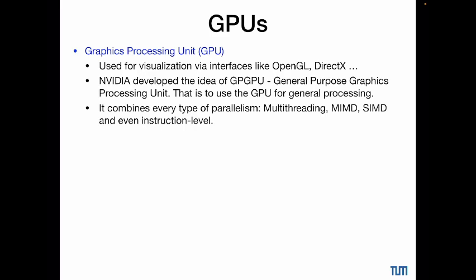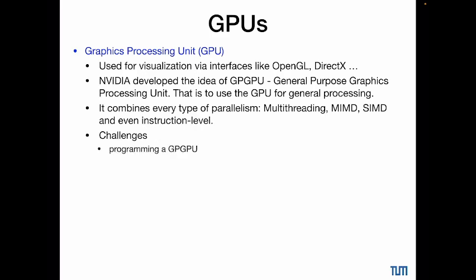They use MIMD, multiple instruction, multiple data, so different threads executing different instructions in parallel. SIMD I spoke about, this is data parallel execution, and they even also use instruction level parallelism, where instructions are not simply fetched and then executed, but you have a pipeline and you split the processing of the instructions into several stages.